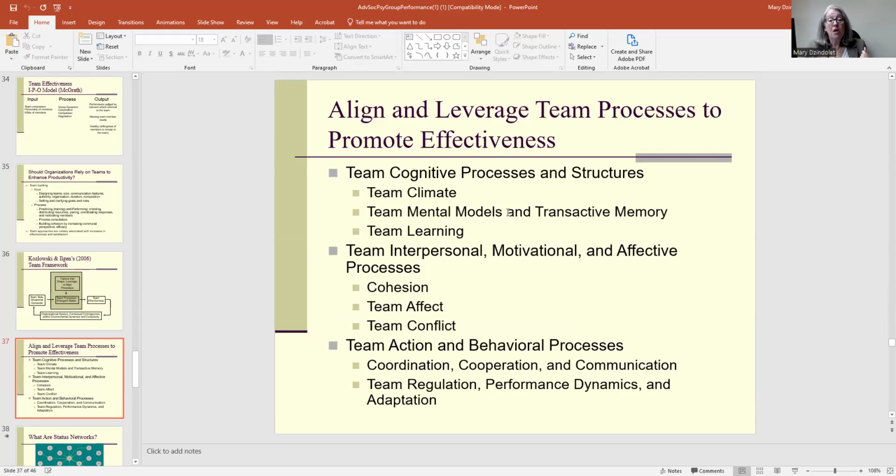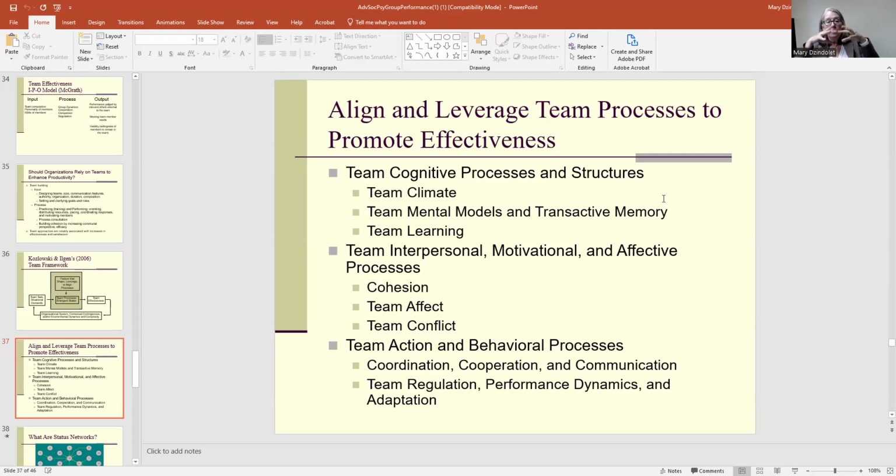You've got some mental models and transactive memory, mental models of how the task needs to be done. Does every member on the team know how to accomplish the tasks that need to be accomplished? Do they all share a mental model, an idea of how to accomplish this task? And when one member leaves, how is the next member, a brand new member, how is that mental model transferred, that memory given to the new member?